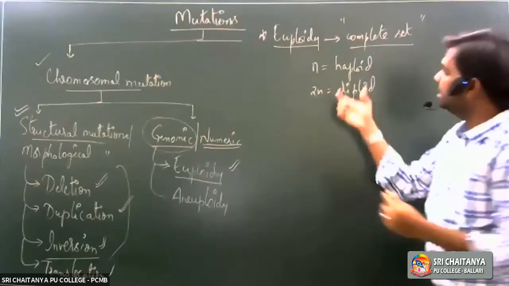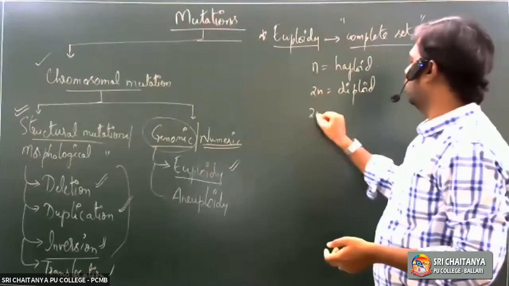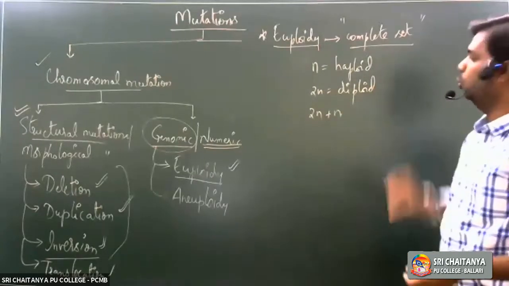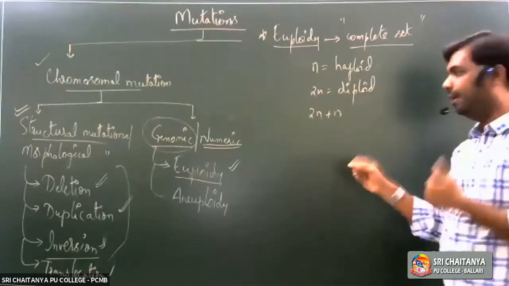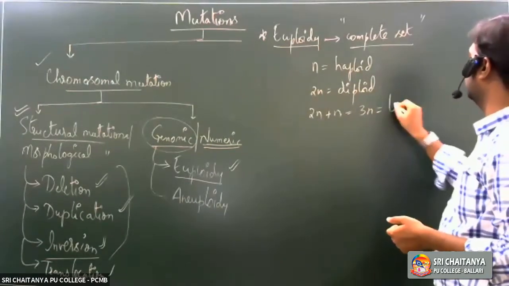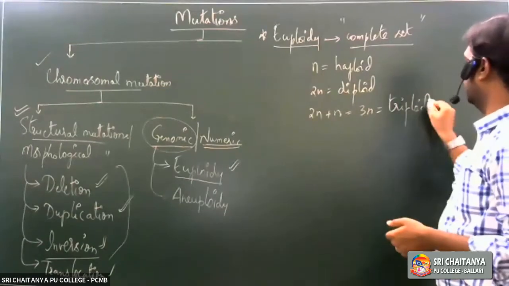Then, if there is an increase of one complete set, like we have a diploid organism, and one more set is added to it, this would become 3N, and that condition we call triploid.